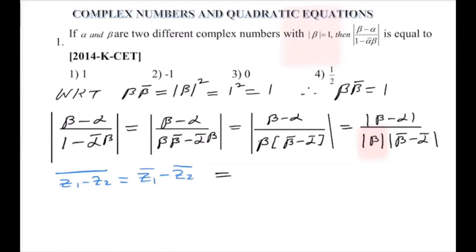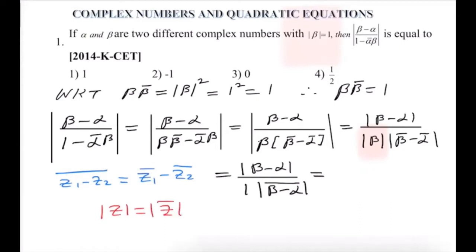Therefore, this can be written as modulus of beta minus alpha upon 1 into modulus of beta minus alpha whole conjugate. Since conjugate and the complex number have the same modulus, that is mod z is same as modulus of its conjugate, these two get cancelled. So you'll be left with 1 upon 1, that is 1. So the answer is first option 1.